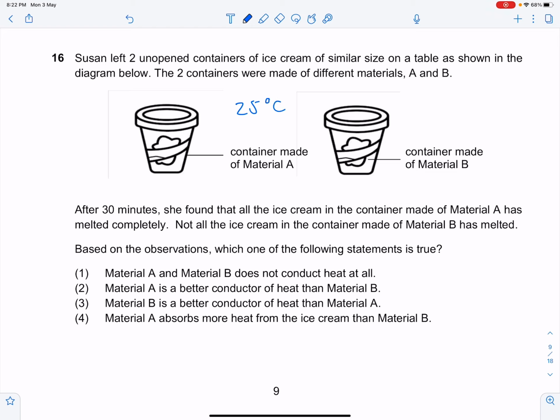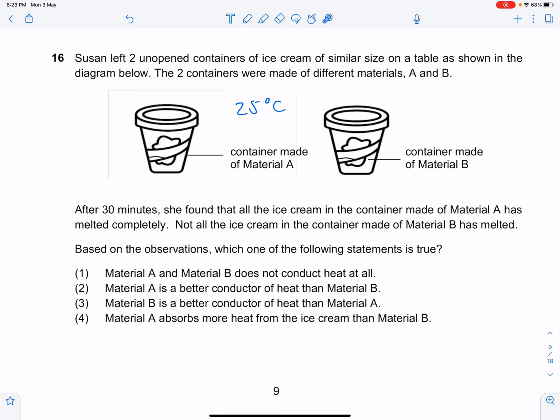And so heat can travel from a region of higher temperature, which is the surrounding, across to the ice cream. So material A allows heat to travel faster. It's a better conductor of heat compared to B because the ice cream was only partially melted in B. These are some of the ideas that come to me right off the top.